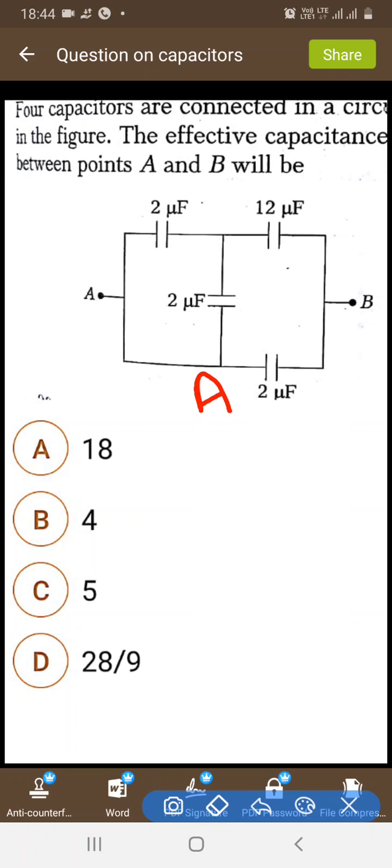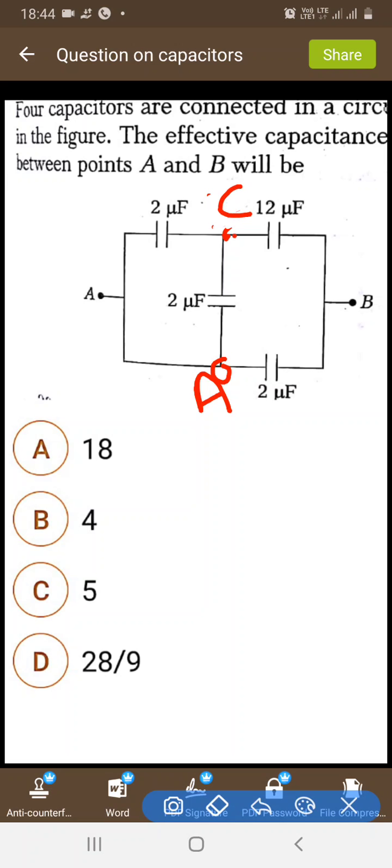So A and A, here is the same point, and B is already given, so you take here point C. Now you can solve.